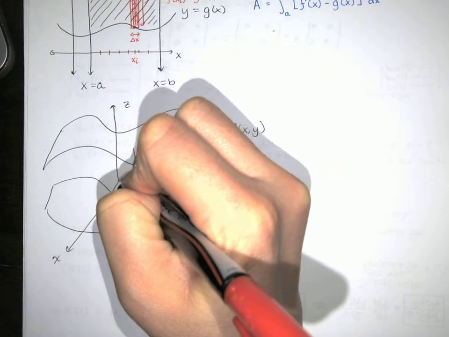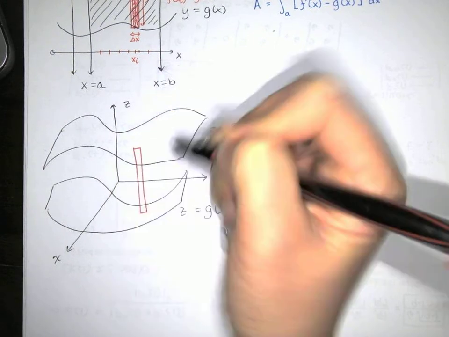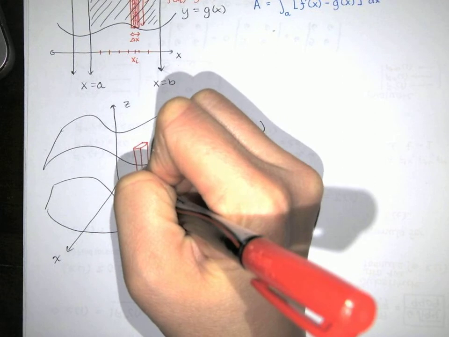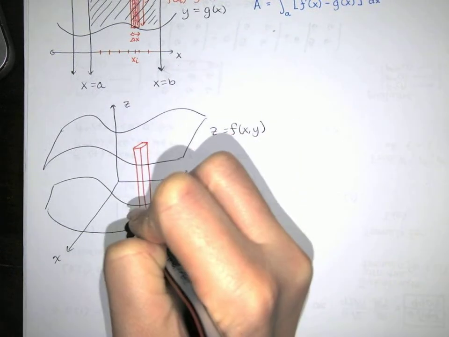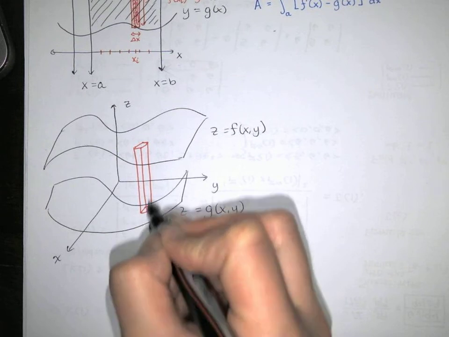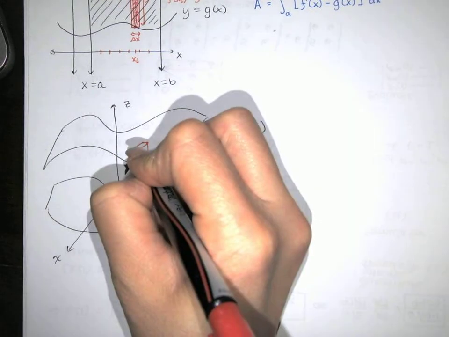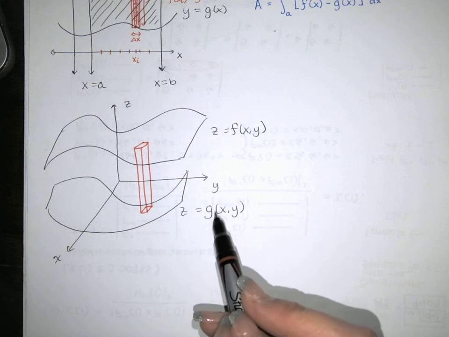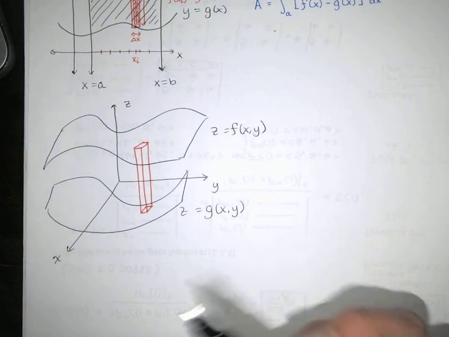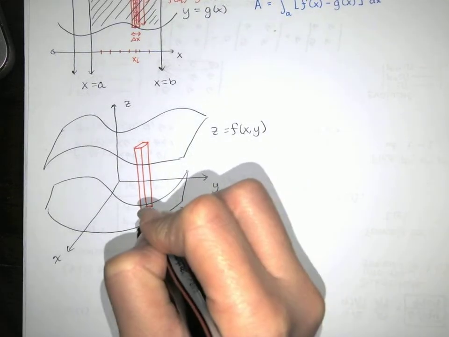Now above each of those rectangles we would create a little rectangular prism, and the way we would find the height of that rectangular prism is we would evaluate this function f of x,y and this function g of x,y at a particular x,y inside that rectangle.